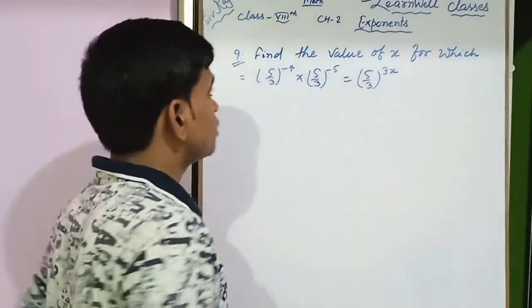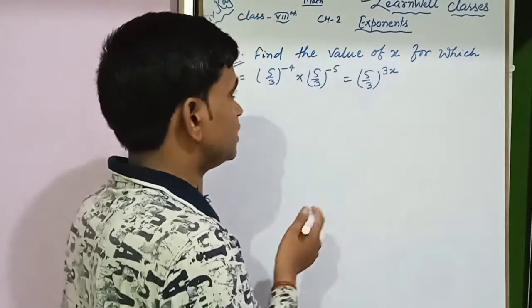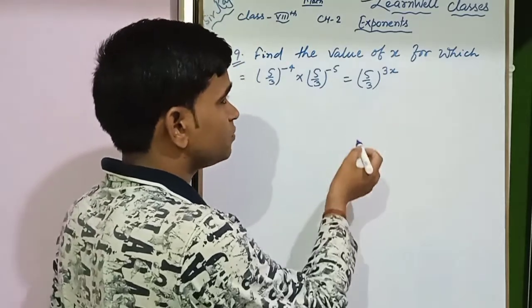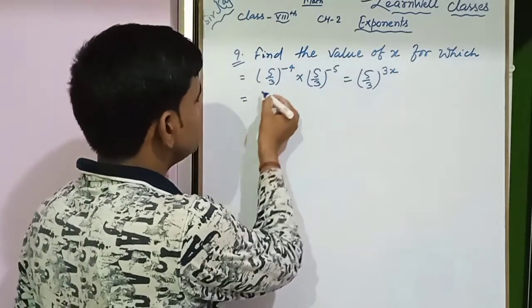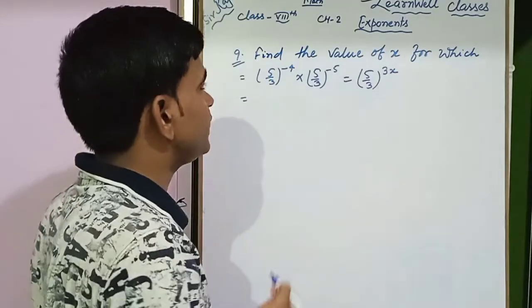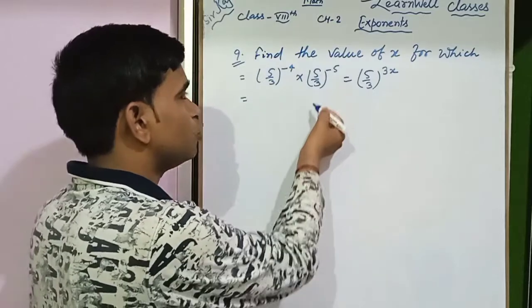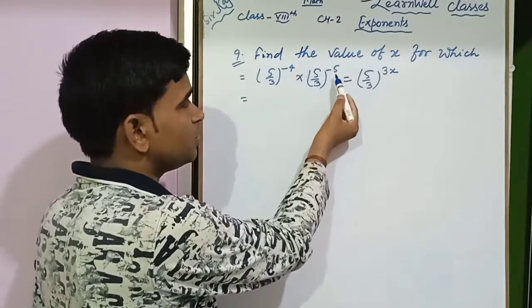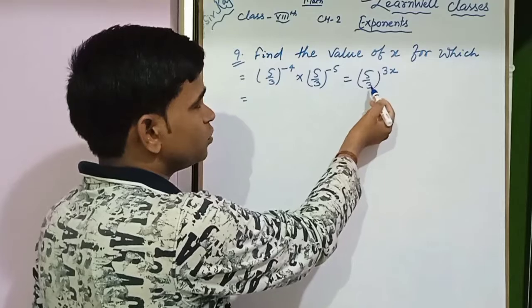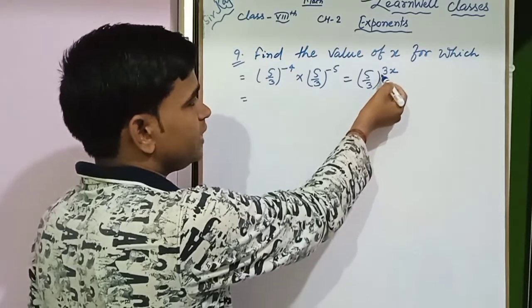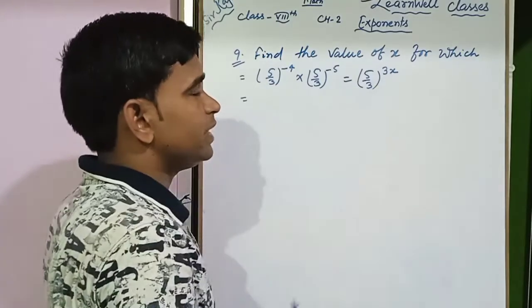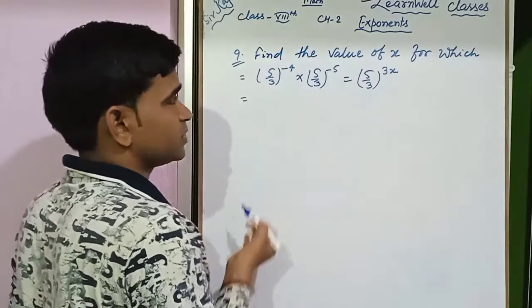So next, question number 9. Find the value of x for which 5 upon 3 raised to the power minus 4 into 5 upon 3 raised to the power minus 5 is equal to 5 upon 3 raised to the power 3x.